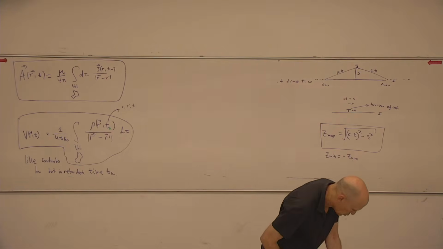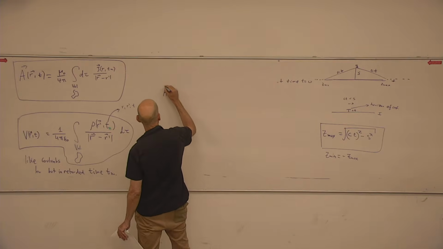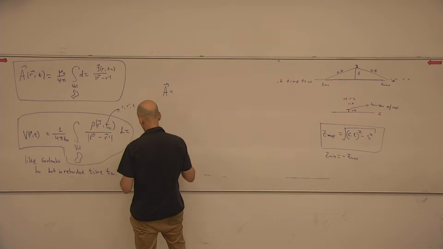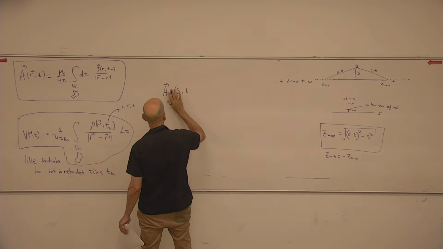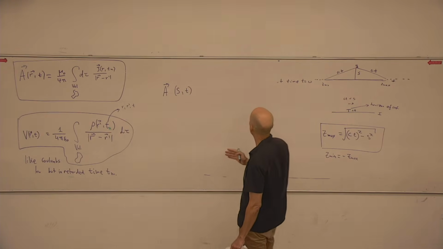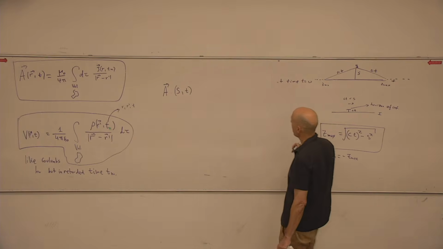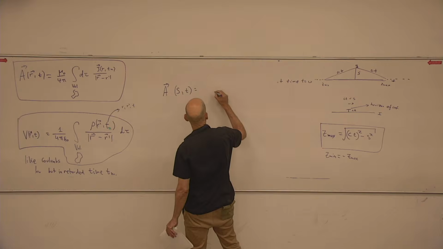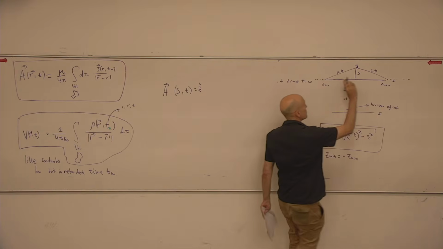Then what we are going to do is, A is essentially a function of s and t from symmetry. First of all, what is the direction of A? Let's write it from the beginning. The direction of A is the z direction. Why?